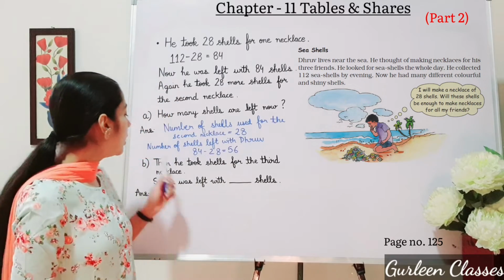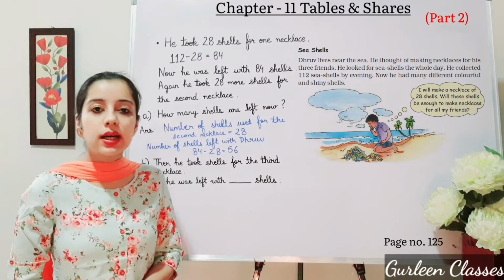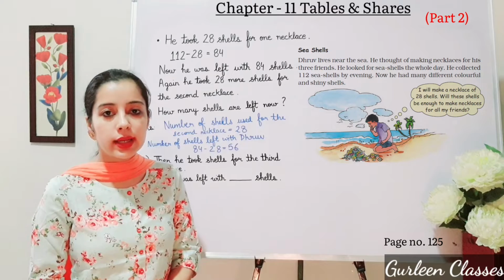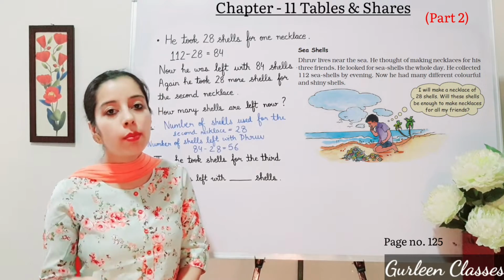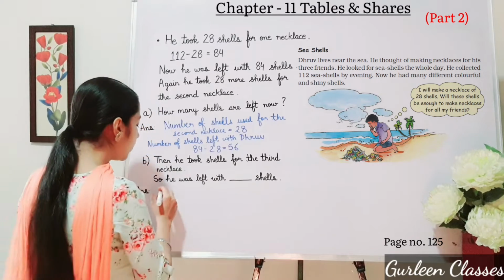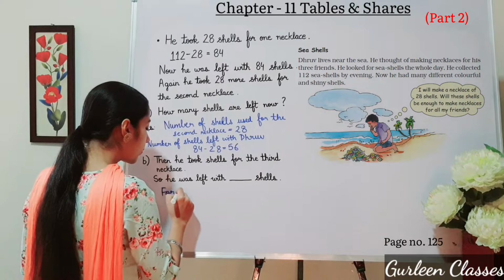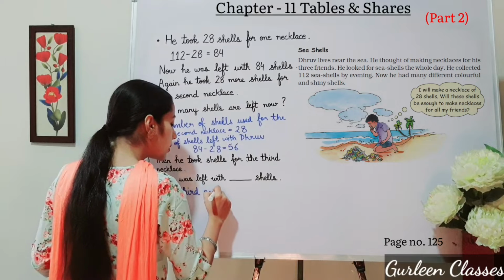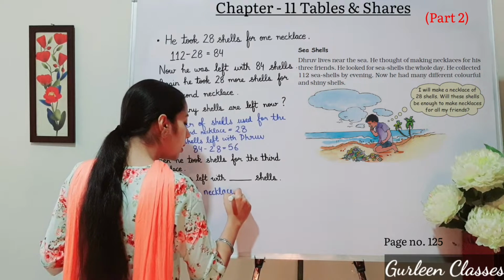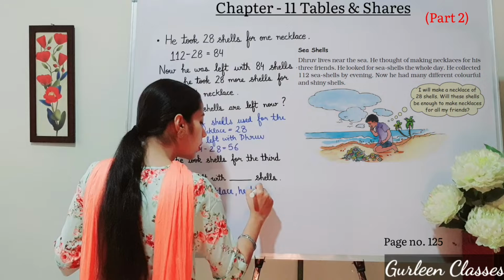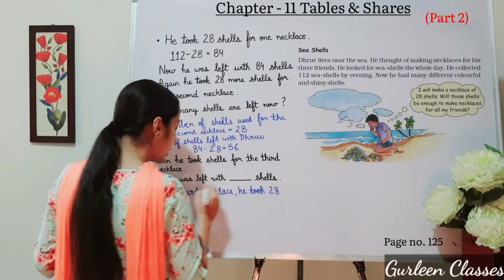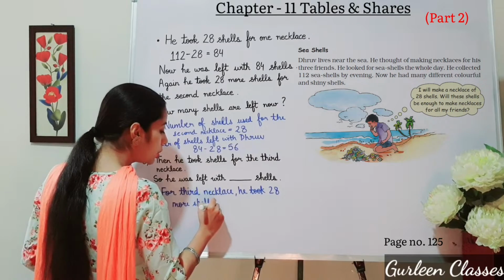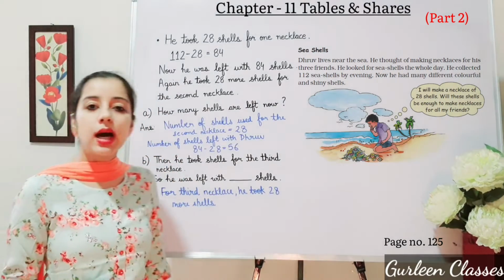Now B part. Then he took shells for the third necklace. So he was left with how many shells? So for third necklace he took 28 more shells. So he was left with how many shells?